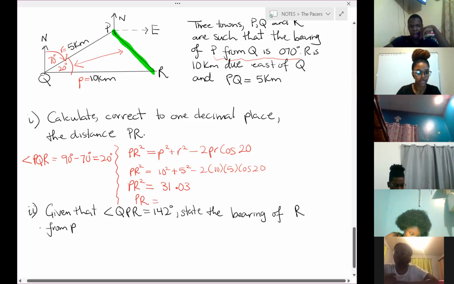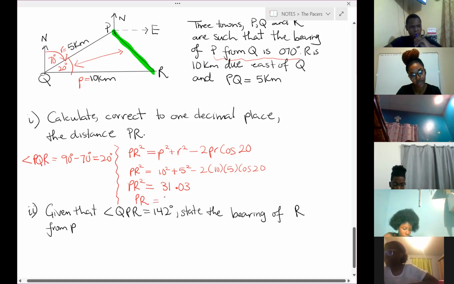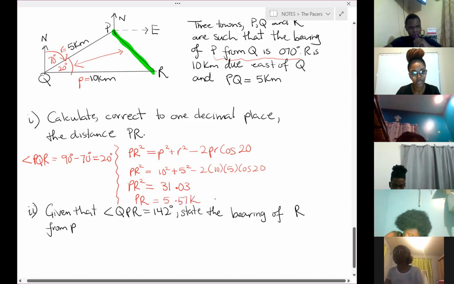So that's going to be the square root of 31.03, which is 5.57 kilometers. But they said to 1 decimal place, so that would be 5.6 km, and I can put this in right here.